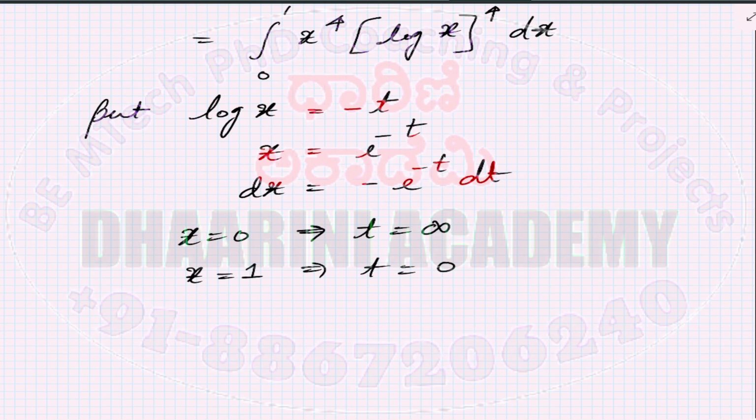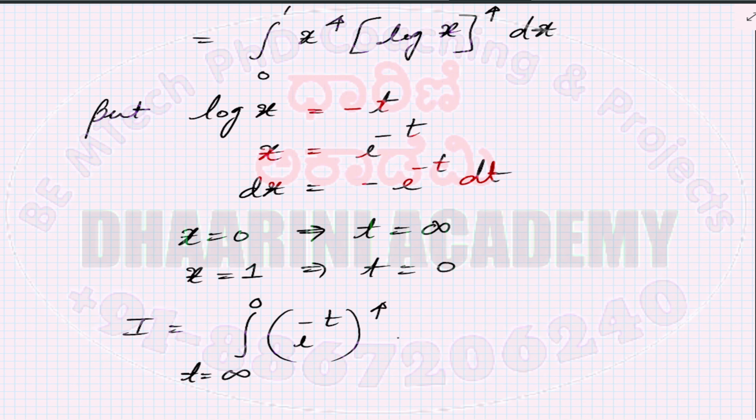So substituting everything into my equation, I is equal to the integral, now t varies from infinity to 0. There is an x, which is e to the power minus t, to the power 4. And the next term is log x.